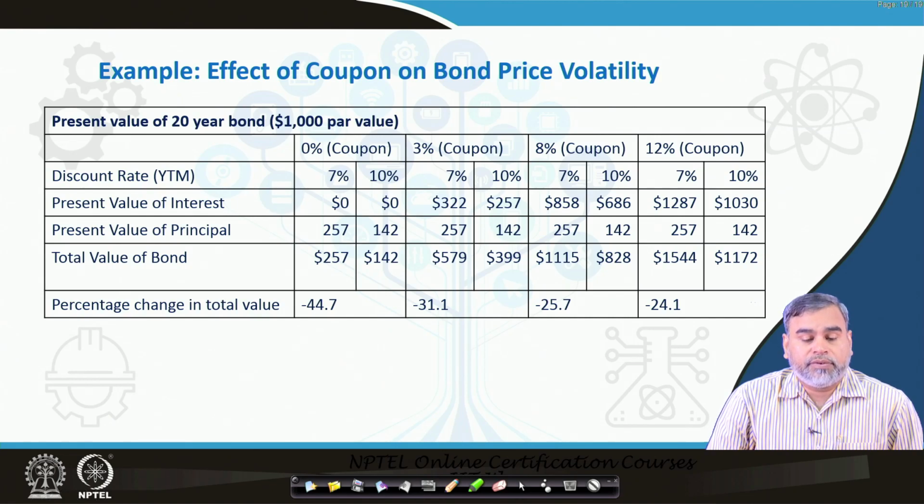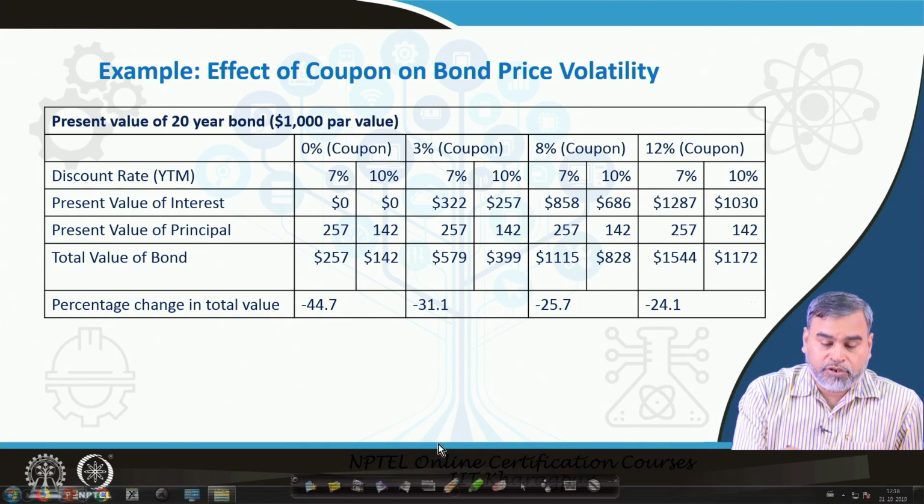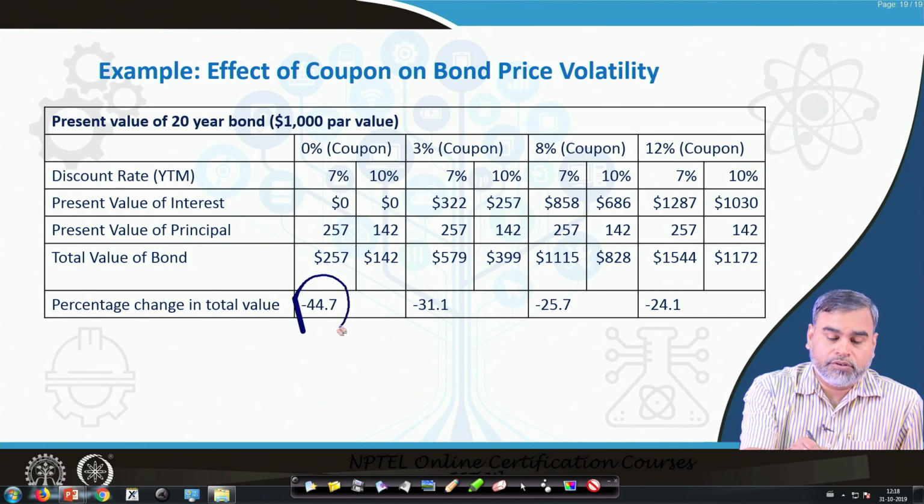There is a bond whose par value is $1000 and the discount rate we are changing from 7% to 10%. The first bond has no coupon. Whenever the interest rate changes from 7% to 10%, the percentage change in the total value has become 44.7%.